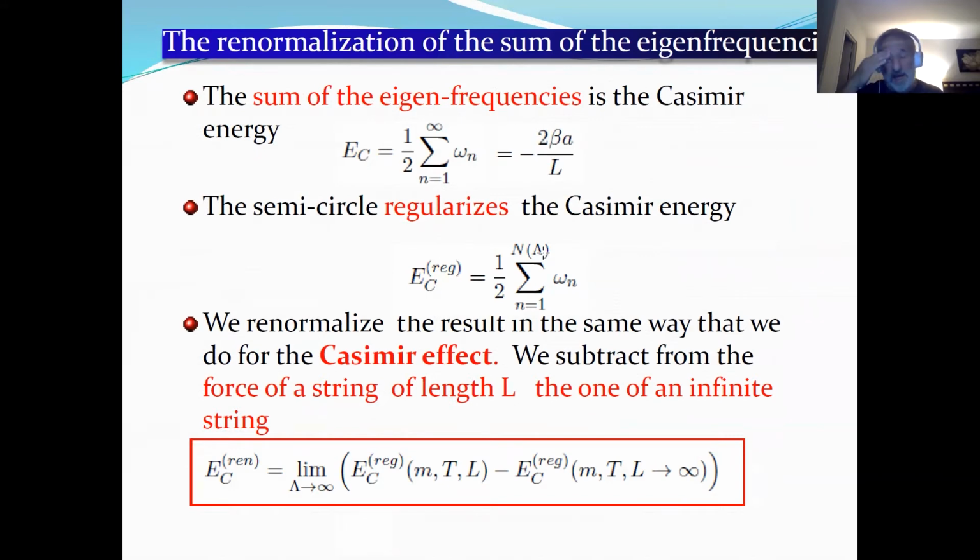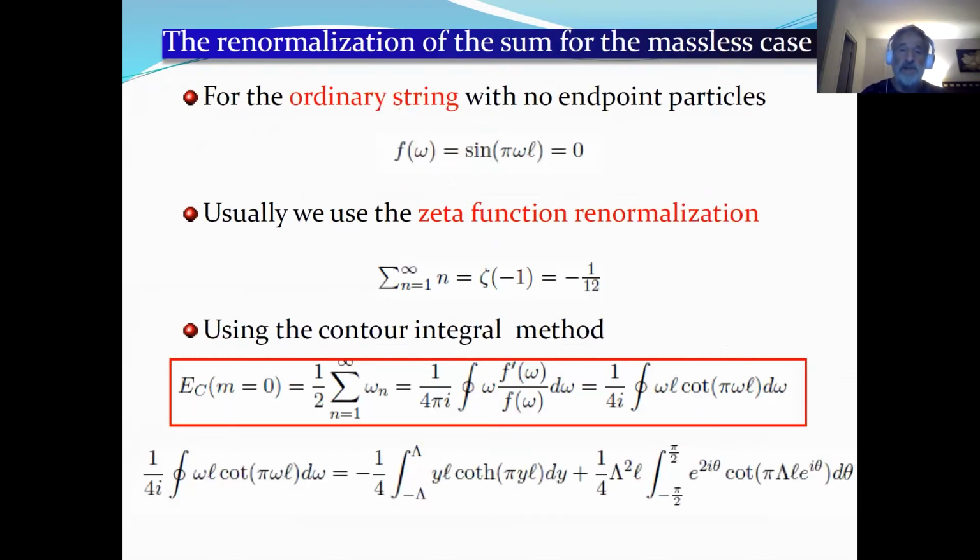And the idea of the renormalization is to subtract from this energy, or to be more precise, we subtract the force. So the force, the derivative of this expression with respect to L for finite L, we subtract from that the same quantity, the force, for an infinitely long string, which is precisely what we do when we analyze the Casimir effect, right? So this is what we use here.